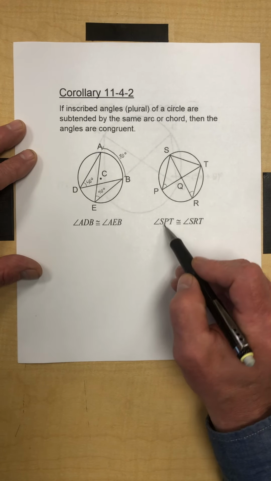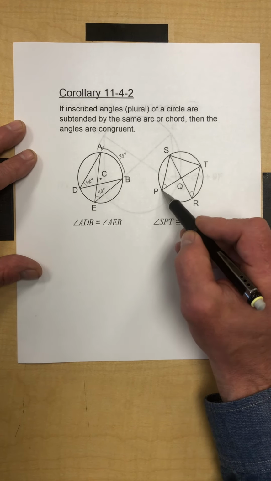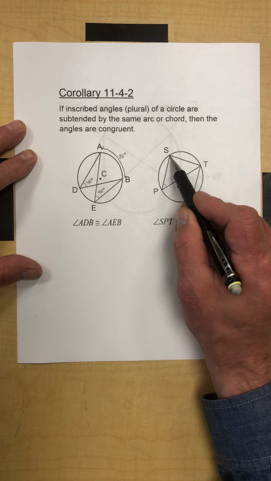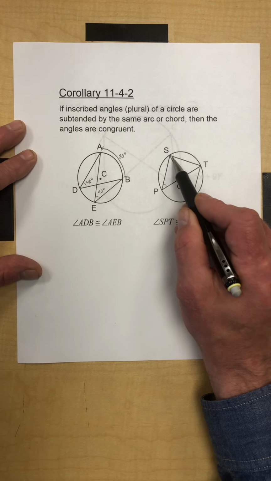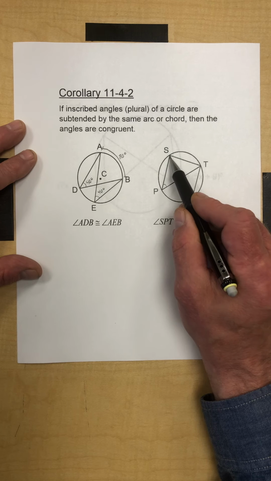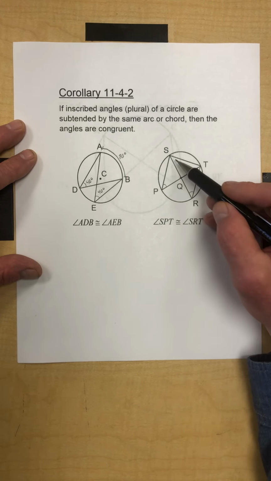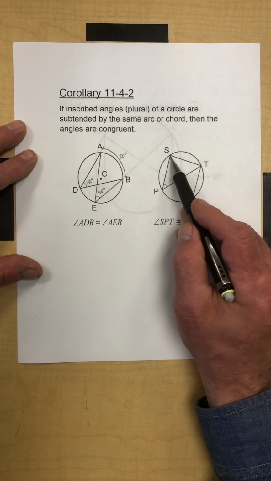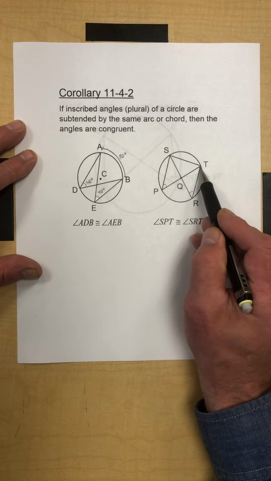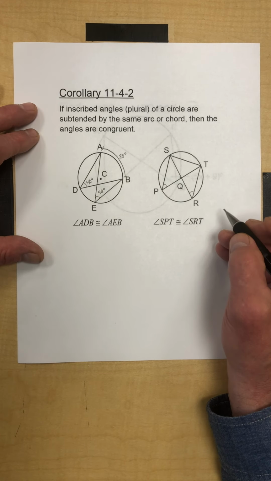Notice that this inscribed angle, SPT, is subtended by this segment, which is a chord, segment ST. And then we take inscribed angle SRT, and notice that it is also subtended by the same segment or chord.